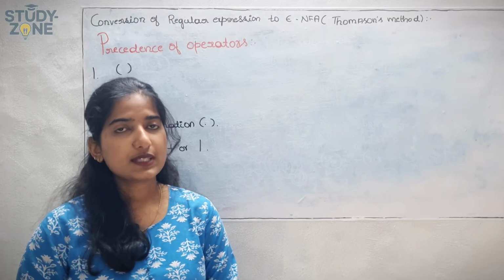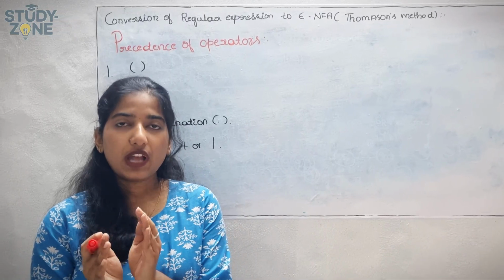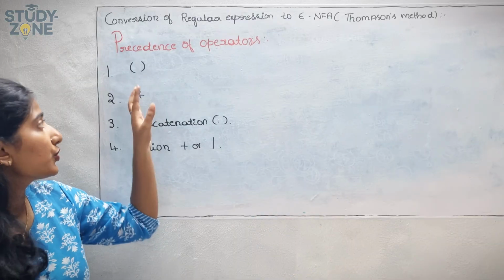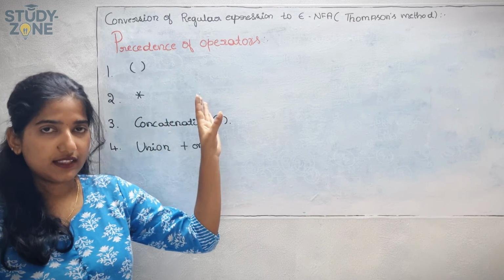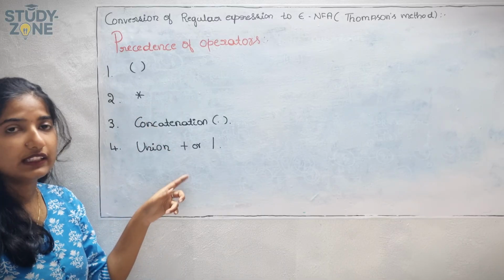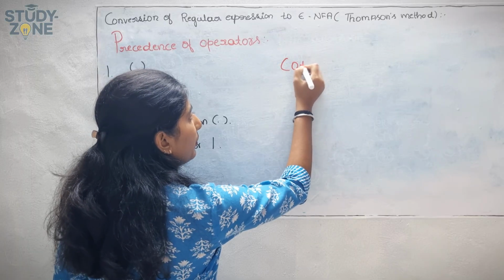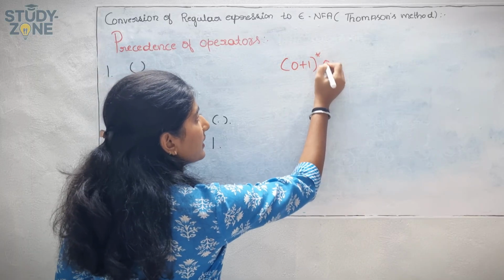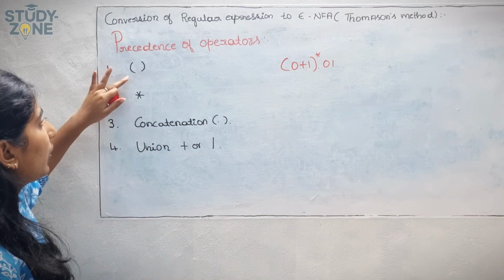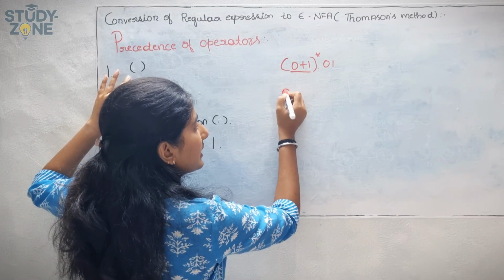So the next topic is precedence of operators. If you have a regular expression, which one do you have to simplify first, or which one do we have to schematically represent first? First you have to simplify parenthesis, then closure, then concatenation, and then union. I will tell you this with one example. If you have (0 plus 1) star 0 1, what you have to do is solve what is inside the parenthesis first, that is 0 plus 1.